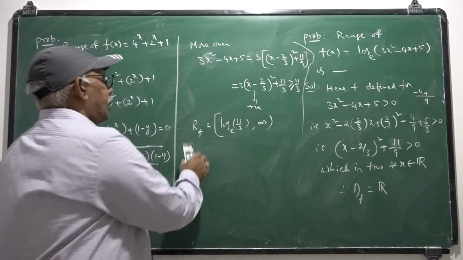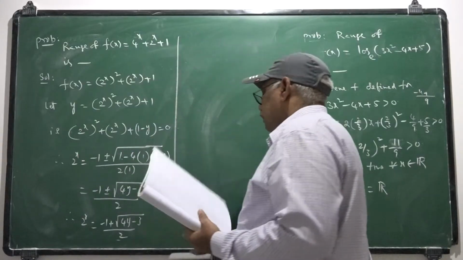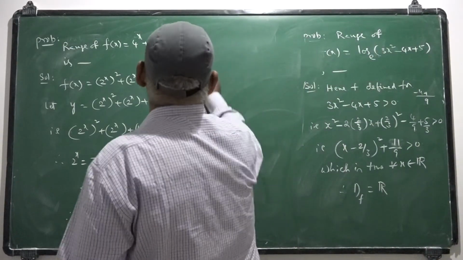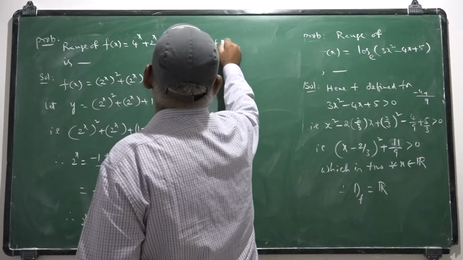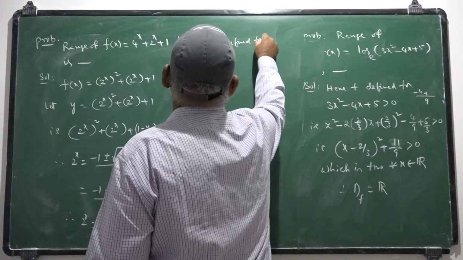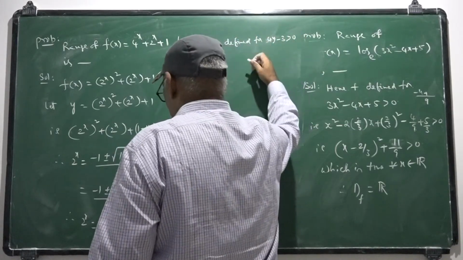This exists whenever 4y minus 3 is greater than 0. So therefore, f is defined for 4y minus 3 greater than 0.